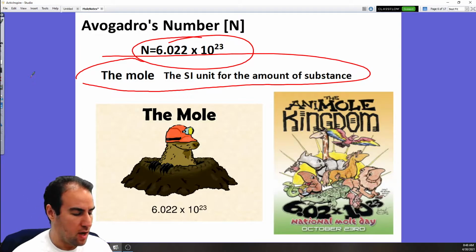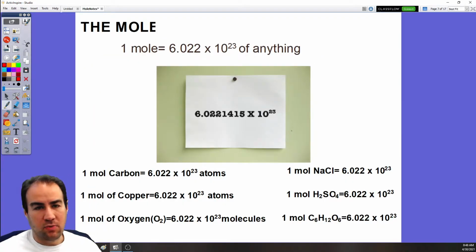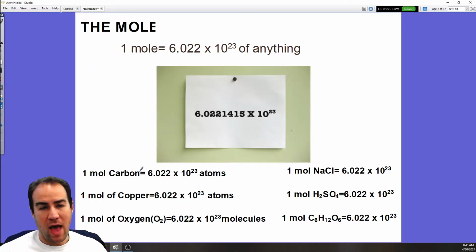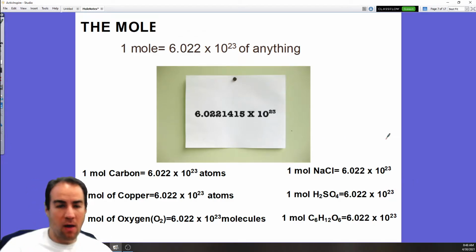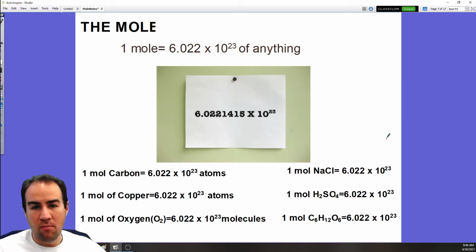Let me show you some examples here. Again it's 6.022 times 10 to the 23rd. You could have a mole of carbon atoms, that would be 6.022 times 10 to the 23rd atoms. A mole of copper atoms, 6.022 times 10 to the 23rd copper atoms. A mole of oxygen molecules, 6.022 times 10 to the 23rd molecules.